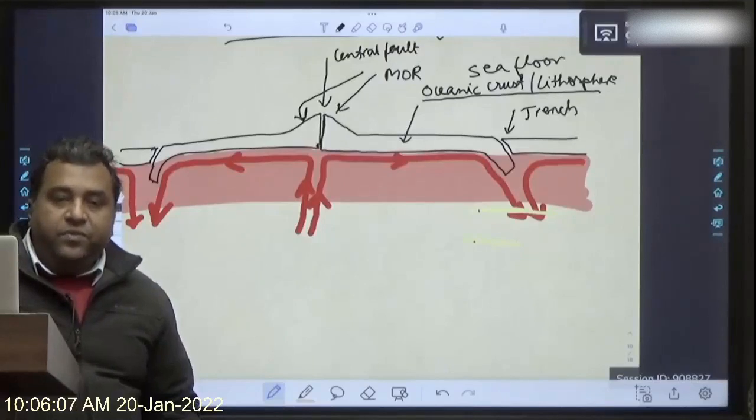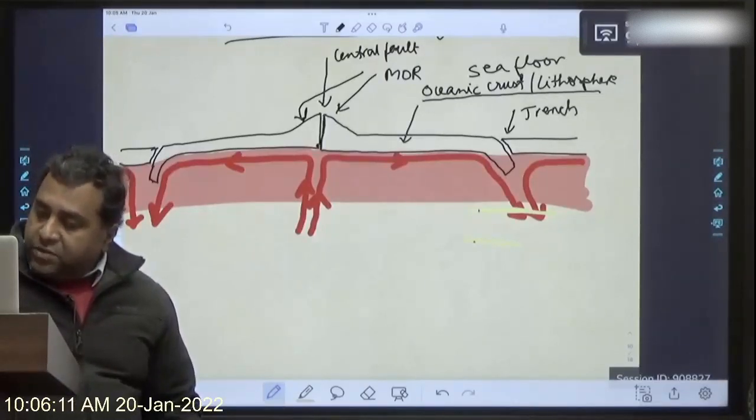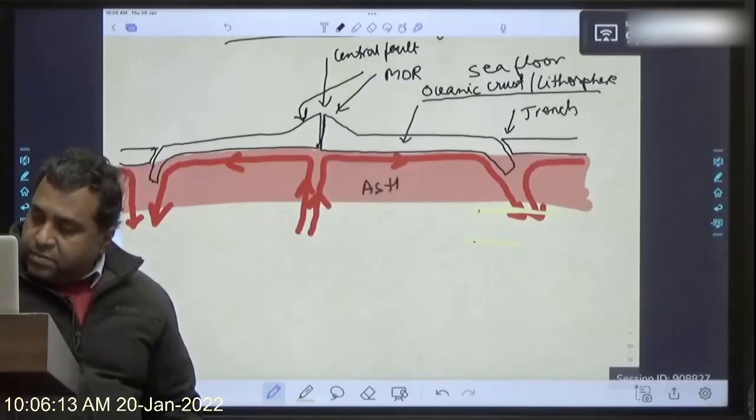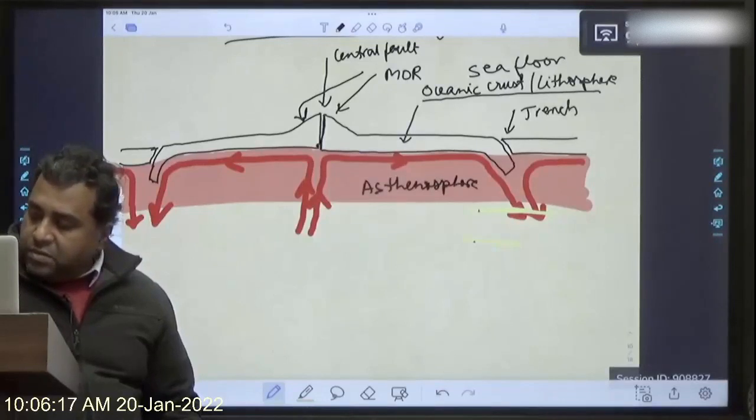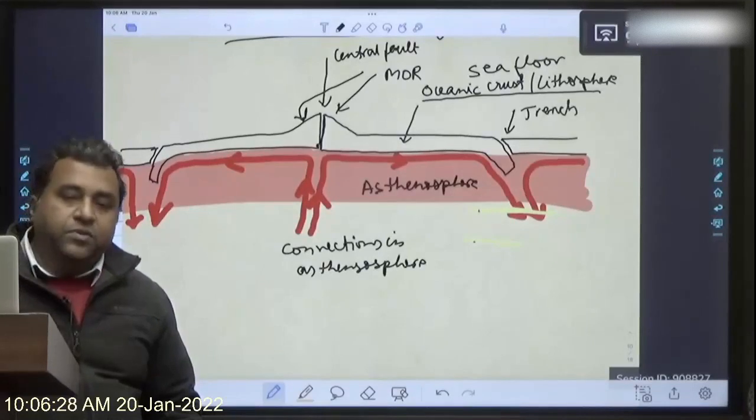Sea floor, oceanic crust or lithosphere, it's the same. Then we have the asthenosphere and convections in asthenosphere. Okay.